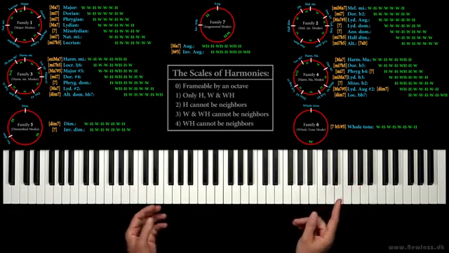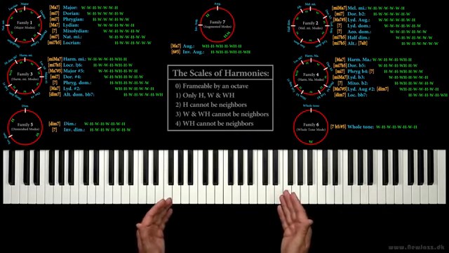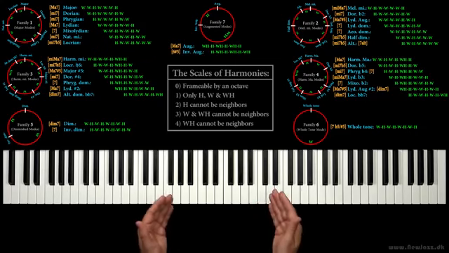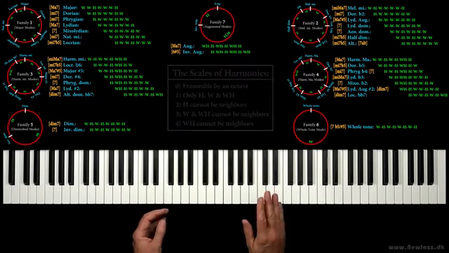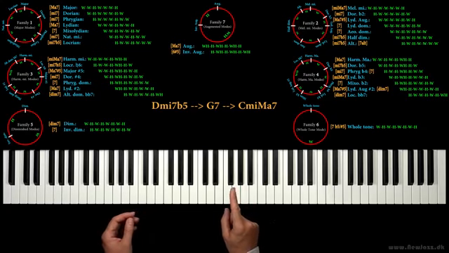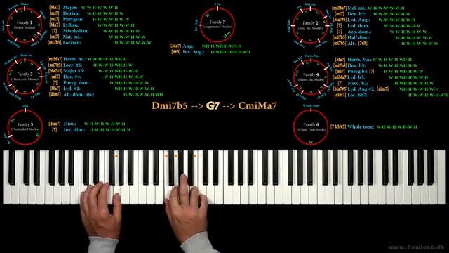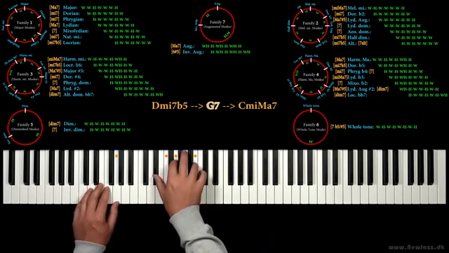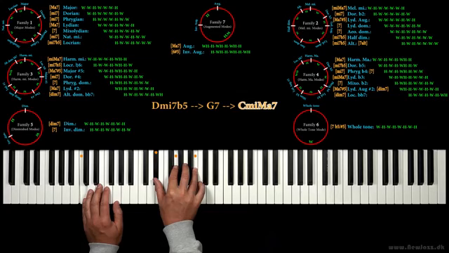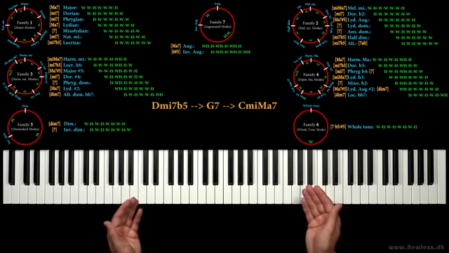So, let's do a chord progression. In the previous lesson, we improvised over the 2-5-1 chord progression in major. So, why not try out the 2-5-1 in minor this time? So, what scales can we play on top of this progression?